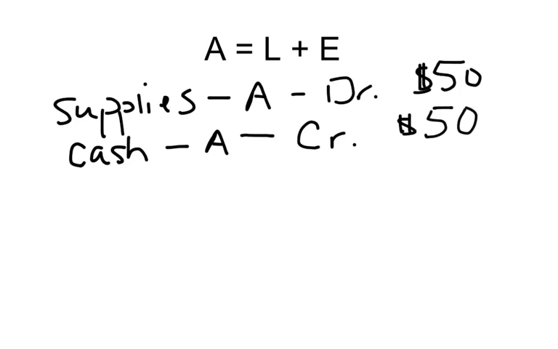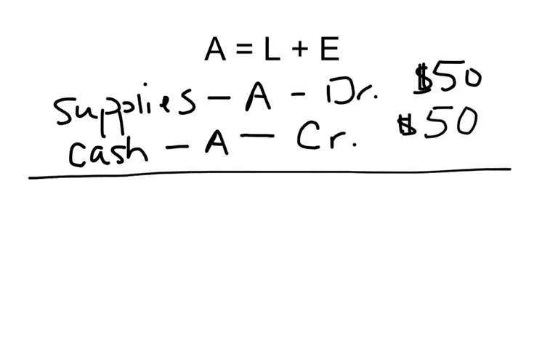We use what's called the general journal to record these everyday business transactions. So it looks kind of like what we've detailed out here. I'll draw a line. This is what we would actually record for this business transaction. Alright, we're going to put everything that gets debited, we list first, and then we indent and put everything that gets credited next. So we're going to write out supplies.